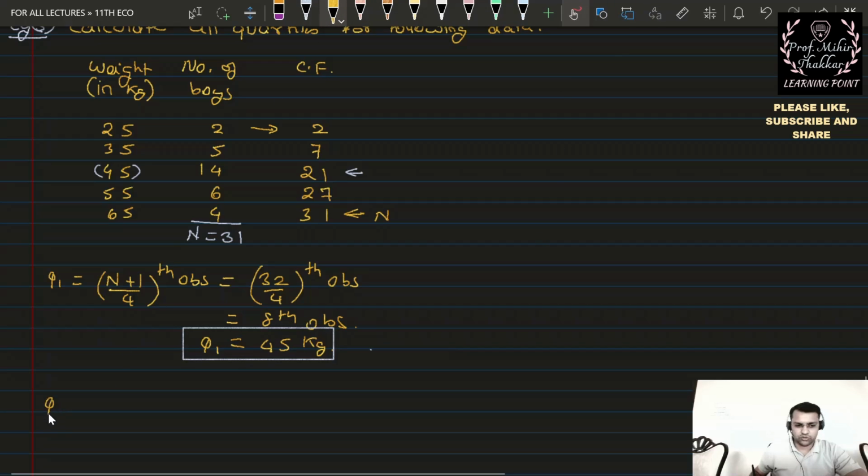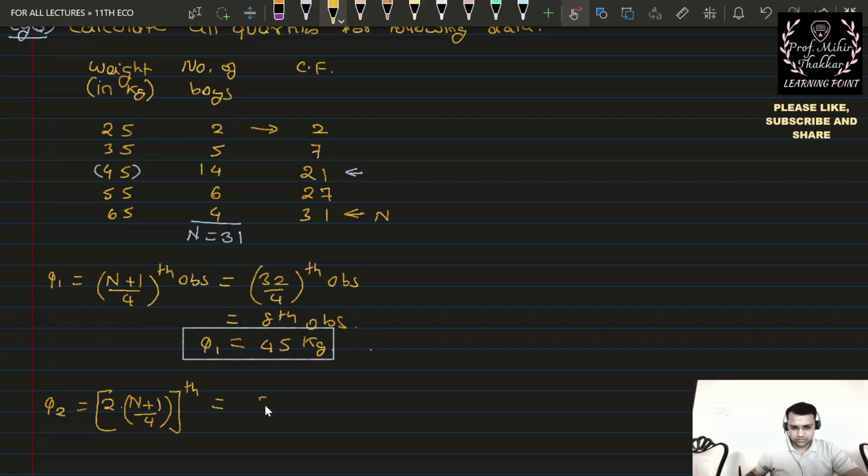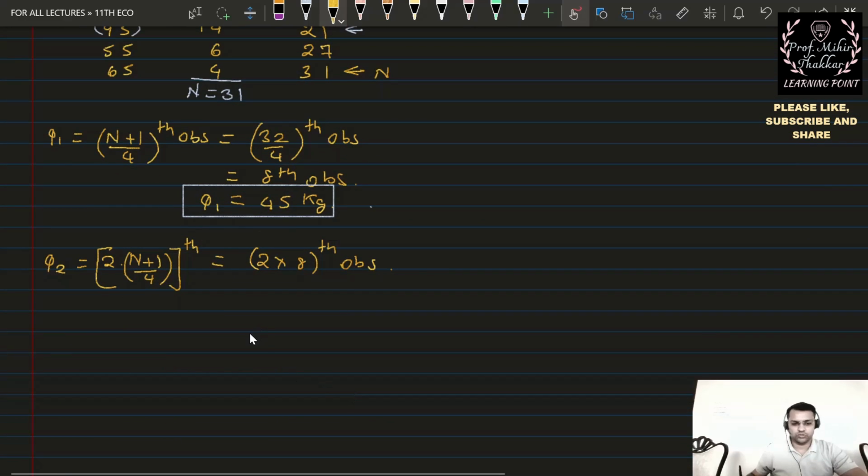After that, when we want to get the value of Q2, twice of capital N plus 1 upon the fourth observation. So this is 2 into the eighth observation, which comes out to be the 16th observation.